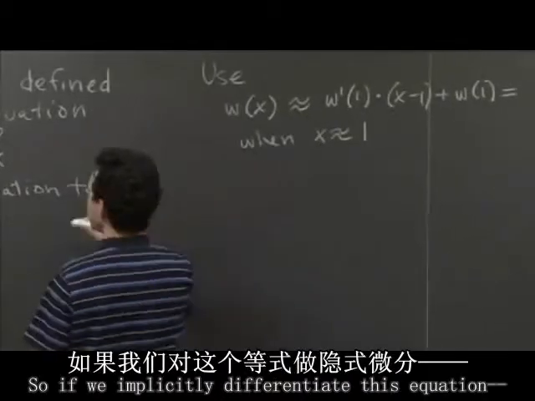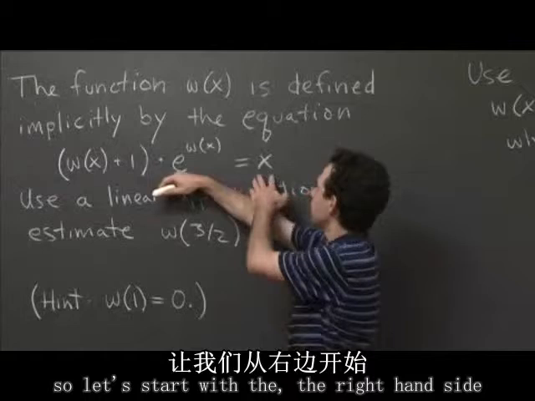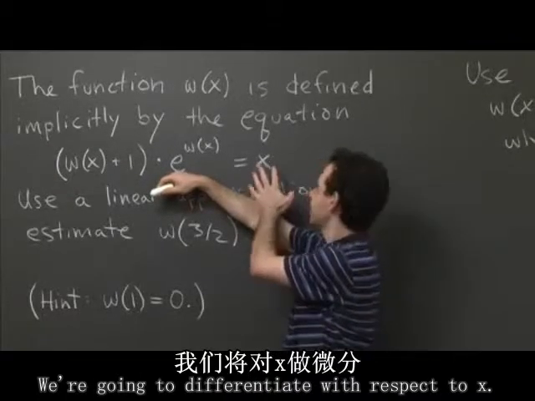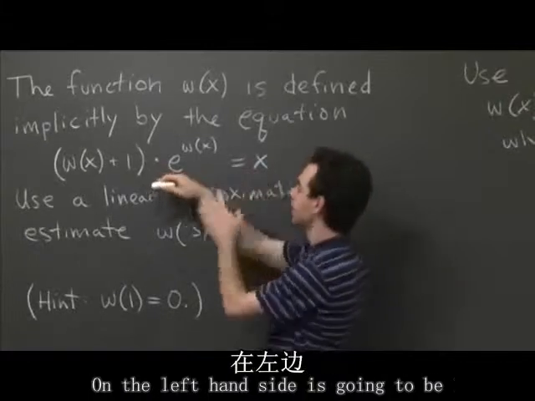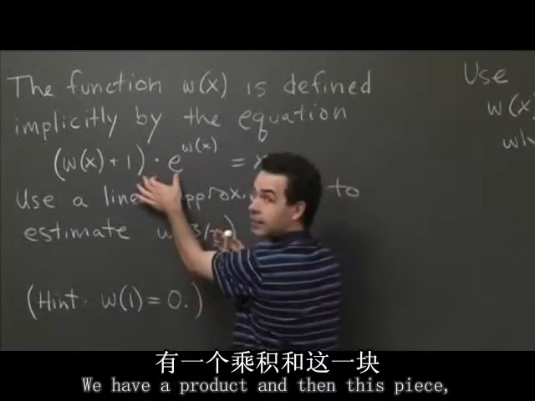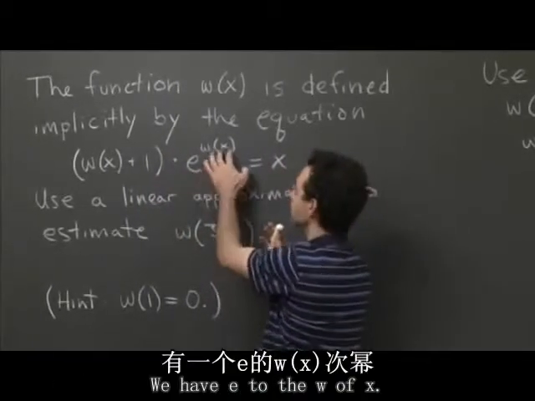If we implicitly differentiate this equation, we differentiate with respect to x. The right-hand side is going to be really easy: it's going to be 1. The left-hand side is going to be a little more complicated. We have a product, and then in this piece we have a chain rule situation, because we have e to the w of x.